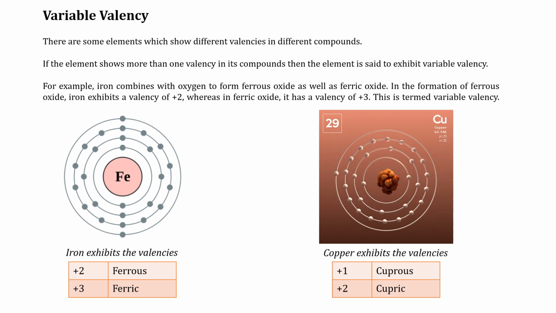In the formation of ferrous oxide, iron exhibits a valency of 2, whereas in ferric oxide, it has valency of 3. So, iron exhibits the valencies 2 and 3, ferrous and ferric. Yet another example of variable valency is copper. It exhibits valencies 1 and 2, cuprous and cupric.